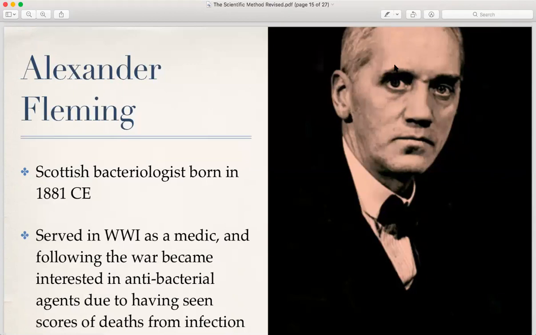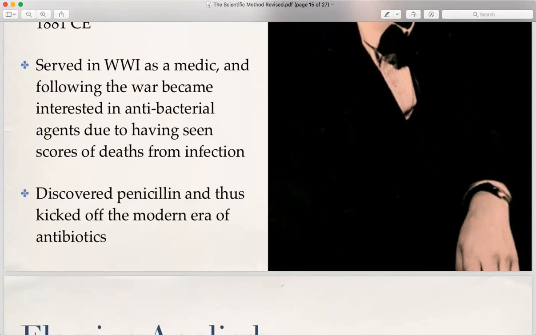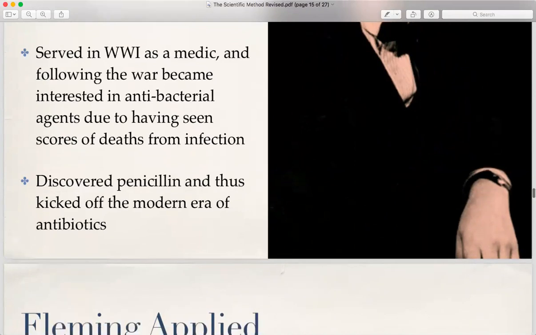It actually came as a result of infection, or the lack of antibacterial help. And of course, what he's known in history for is discovering penicillin, kicking off the modern era of antibiotics. I'm actually on a course of antibiotics right now, so thank you, Fleming.